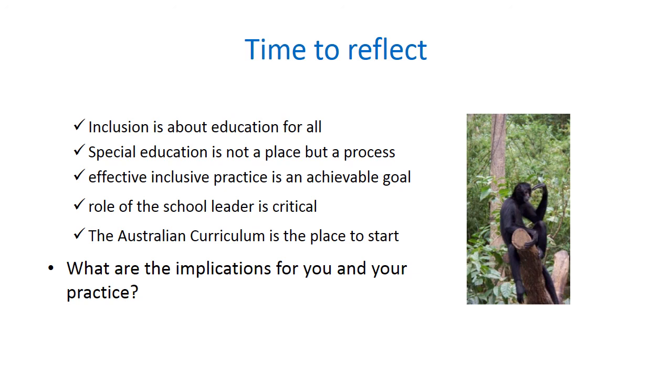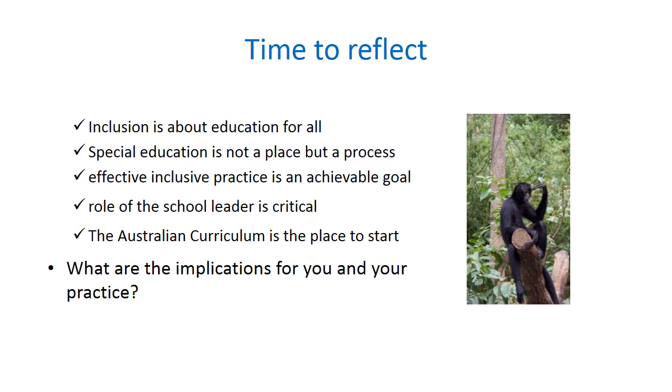We would argue that special education is not a place but a process. All learners in inclusive classrooms need to have their education requirements met, and for some that requires specialist attention, and that's where special education comes to the fore.